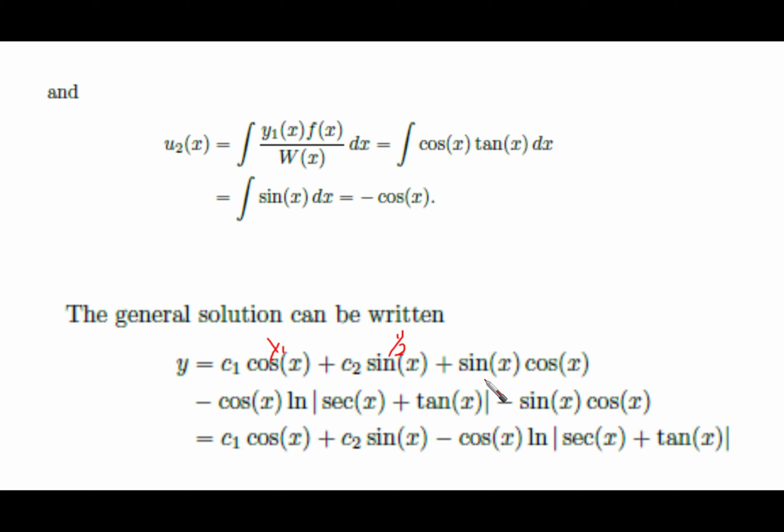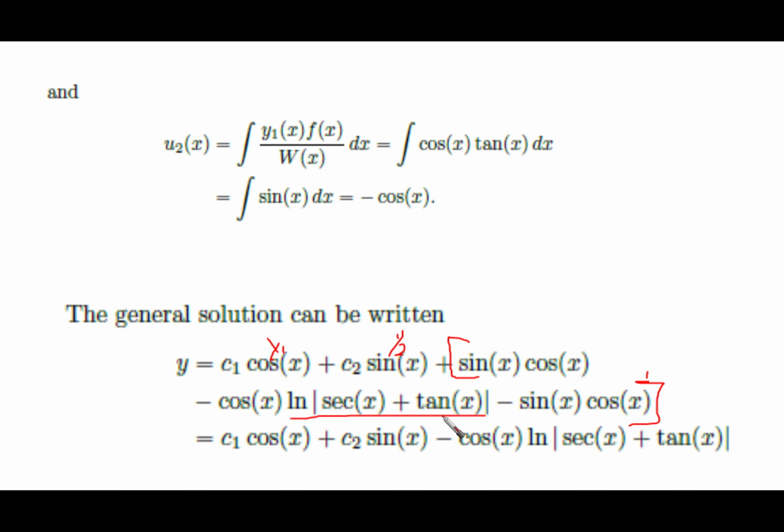Okay. Then after that, we are going to have the particular solution. The particular solution means that we are going to use u1 y1 plus u2 y2. Here we can distinguish that this one, ln this one here, it is the sine x cosine x minus cosine x ln sec x plus tan x.